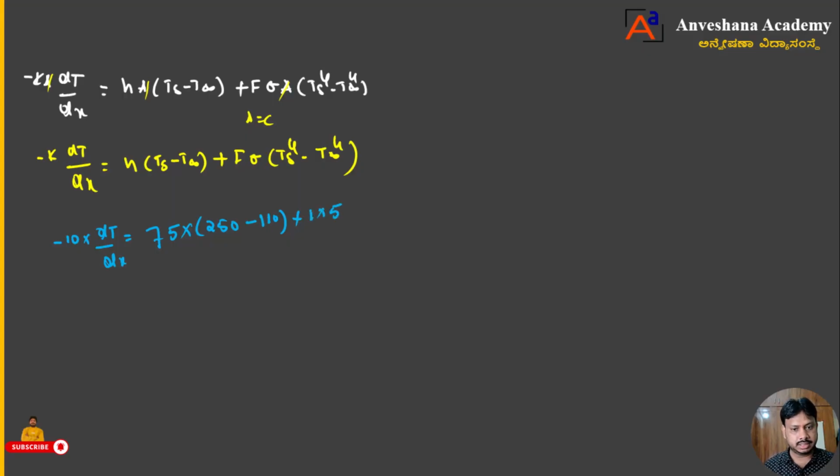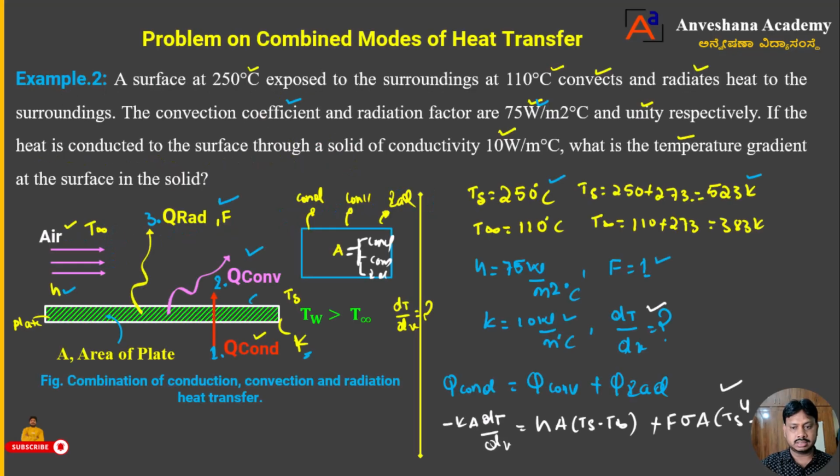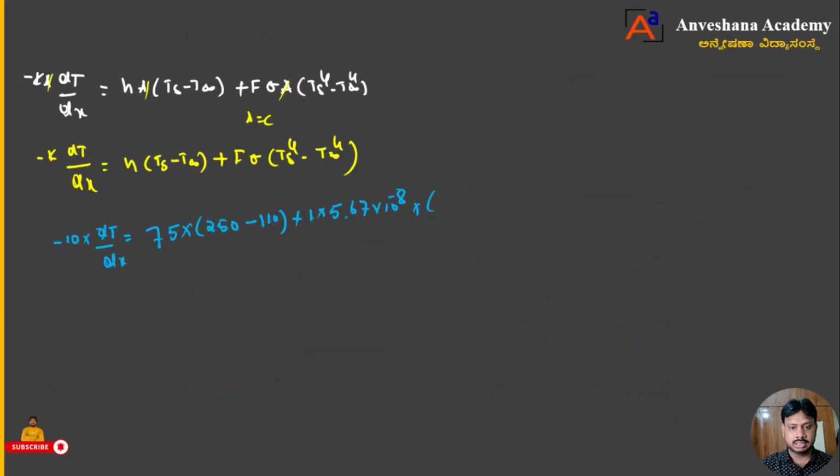F is equal to 1 into sigma. Sigma is the Stefan-Boltzmann constant, 5.67 into 10 to the power of minus 8, dear students. Because the Stefan-Boltzmann constant is in Kelvin, we have to substitute Ts and T infinity in Kelvin in the radiation heat transfer calculations. So Ts is 523 and T infinity is 383.